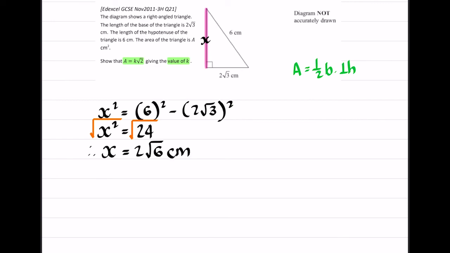So now I want to work with the area of the shape. So the area is equal to a half base times the perpendicular height. So the area is equal to a half. The base in this question is 2 root 3 times the perpendicular height, which is 2 root 6.